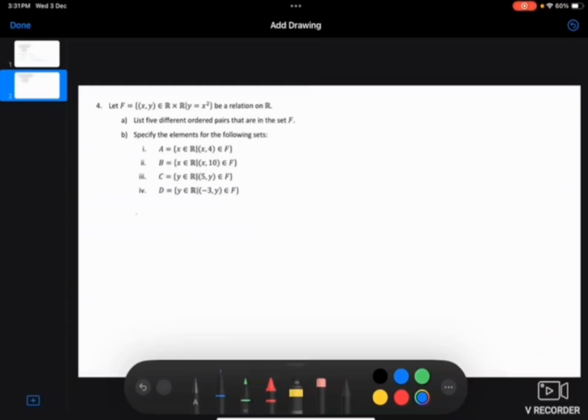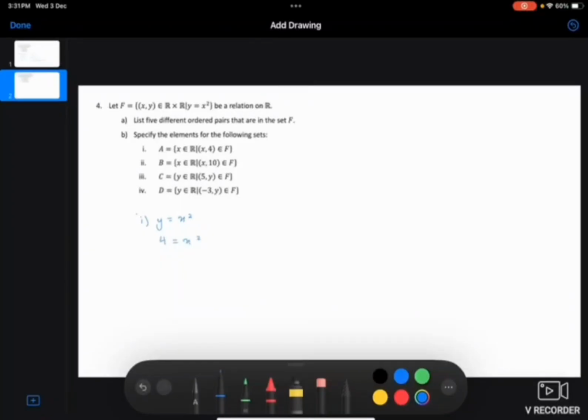So for question 4b, we need to specify the elements for the following sets A, B, C and D. So for part A, we are told that element x and 4 is in F. Since F is defined by y equal to x square, this means 4 equal to x square.